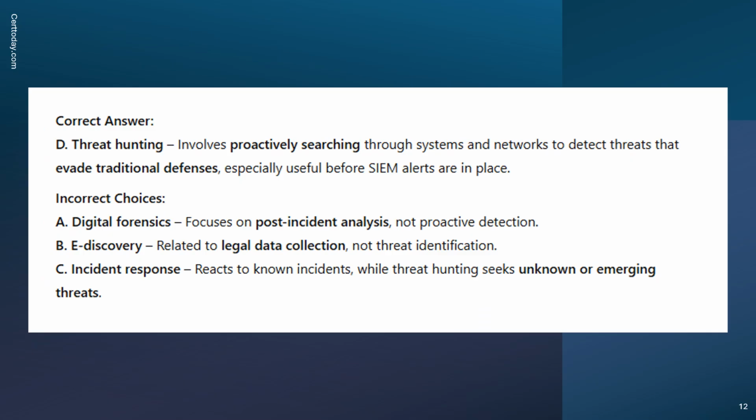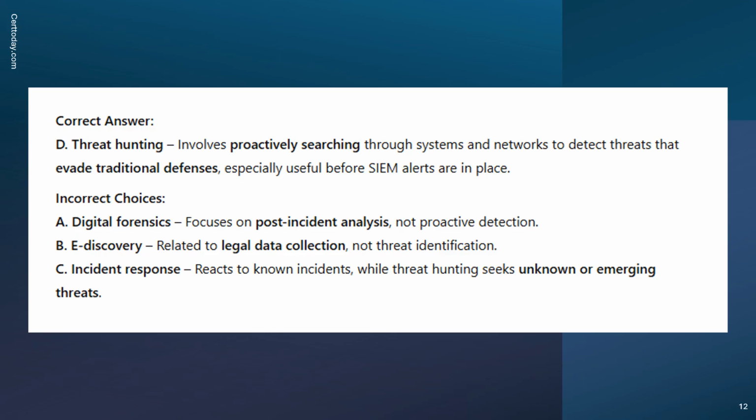The correct answer here is threat hunting, which involves proactively searching through systems and networks to detect threats that evade traditional defenses, especially useful before SIEM alerts are in place. A is incorrect because digital forensics focuses on post-incident analysis and it's not a proactive detection tactic.